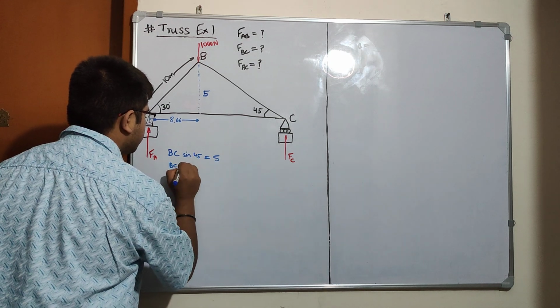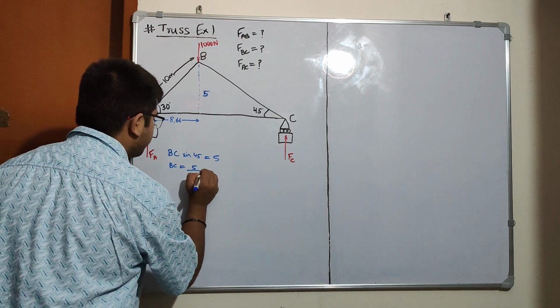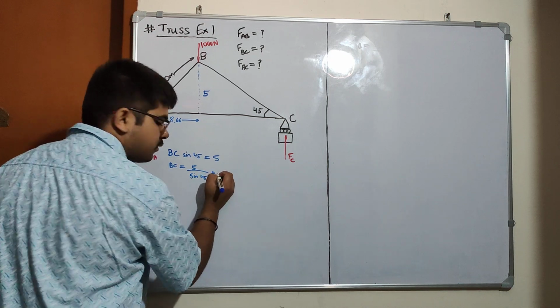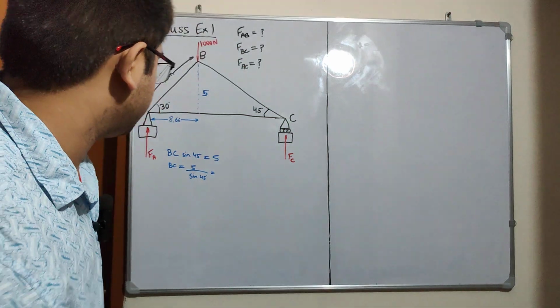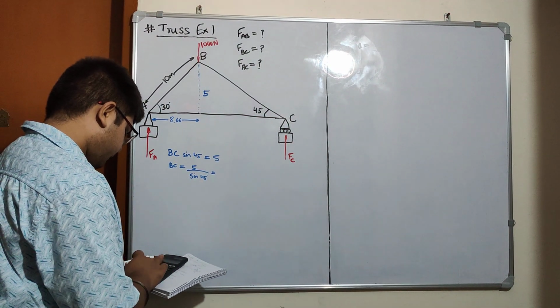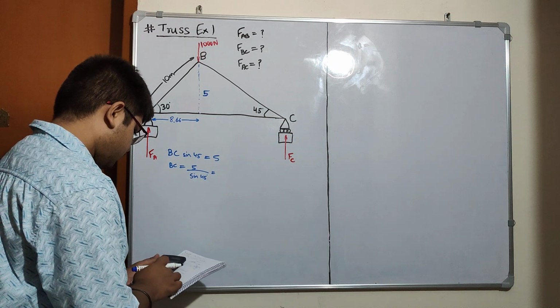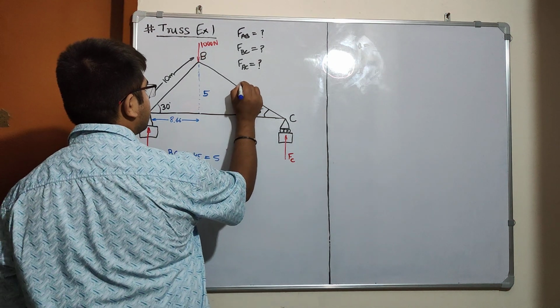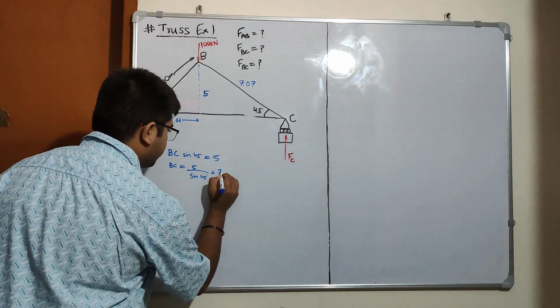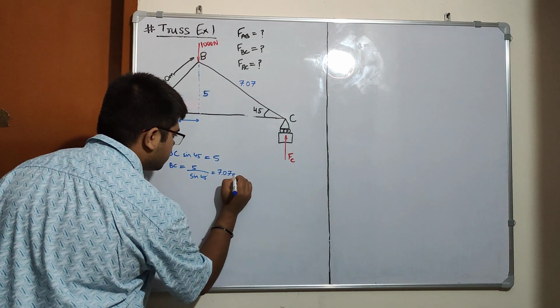So BC equals 5 divided by sine 45, which is 7.07 meters.